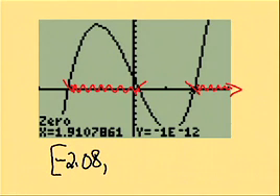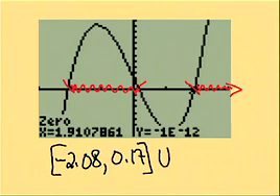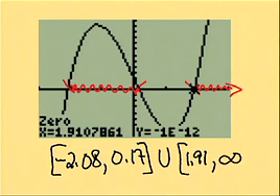That brings us up to this point, which is also inclusive of 0.17, union inclusive of the 1.91, and that goes off to infinity. And so that would be the solution written in interval notation.